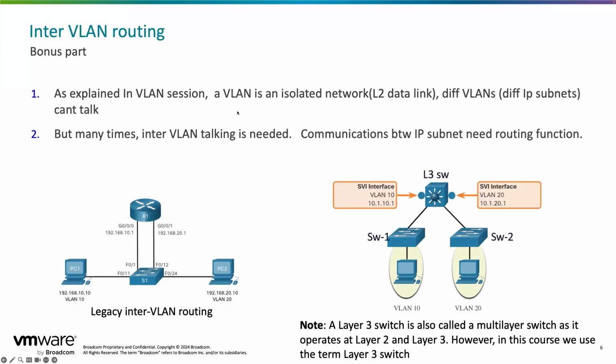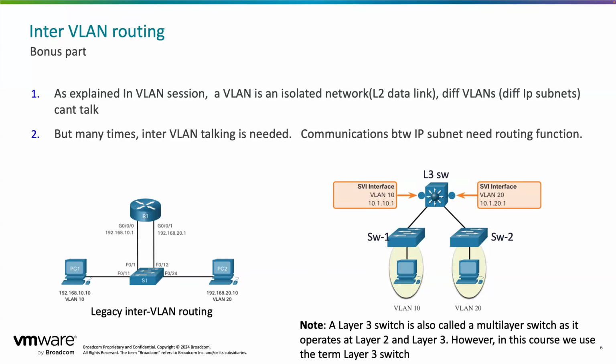I want to give you something to add, because I didn't talk about anything about routing, just Layer 2 or switching. As I explained in the last video, a VLAN looks like an isolated network, a kind of Layer 2 data link, and a different VLAN can talk.